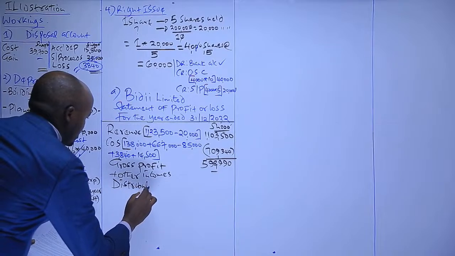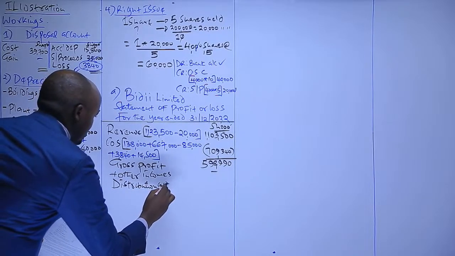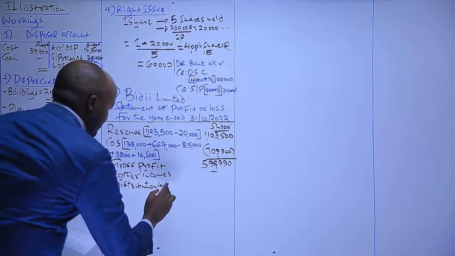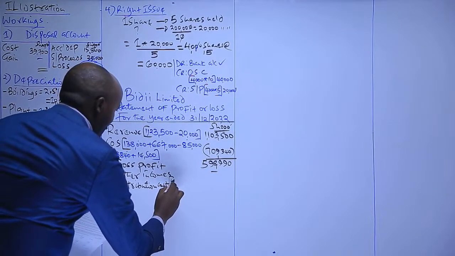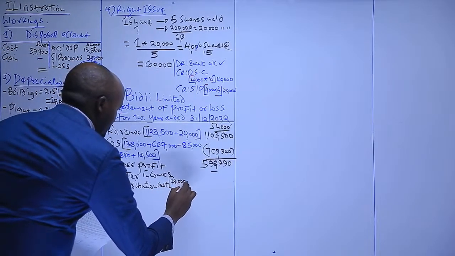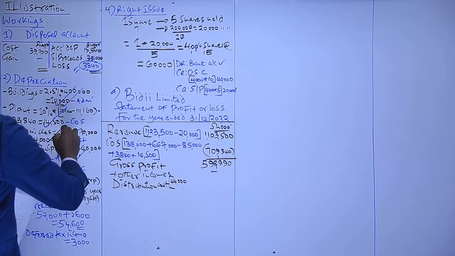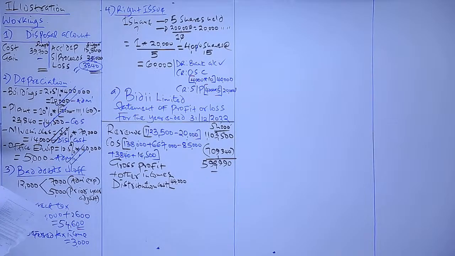Distribution cost. The distribution cost in our trial balance is given as an amount of 44,000. There is some depreciation which is part of the distribution, and that is the depreciation on motor vehicles.